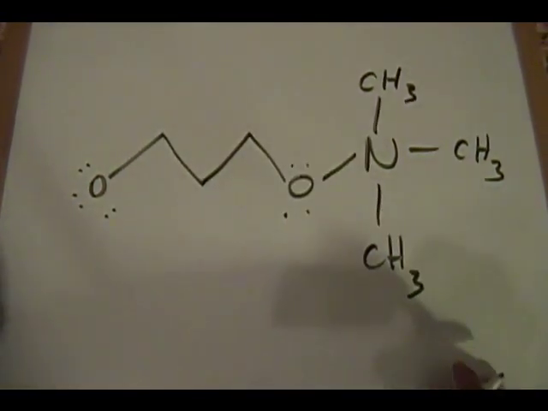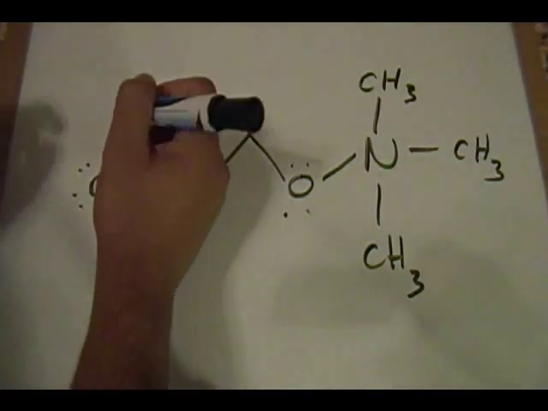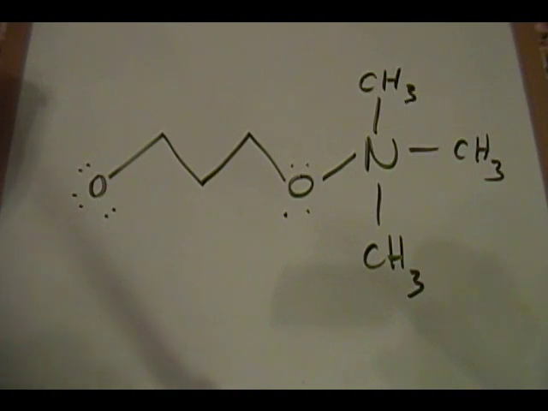Okay, this is our final example. Let's look at this example right here. Let's go. So I'll circle the atoms which need a charge around it.